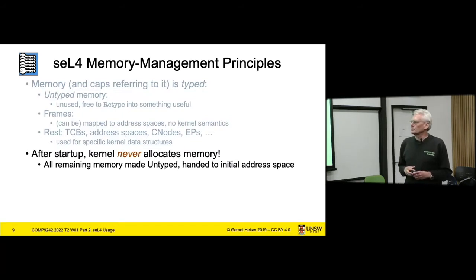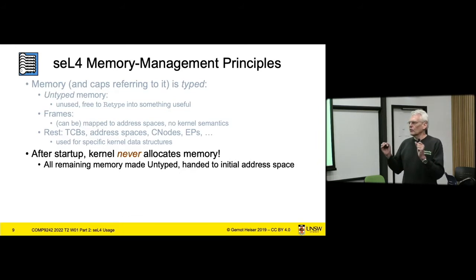And so, as I said, seL4 takes a pretty radical approach to memory management. And this is captured in this sentence here. The kernel allocates memory when it boots up. It has to, because it has to build up its own data structures. After that, it never allocates any memory.